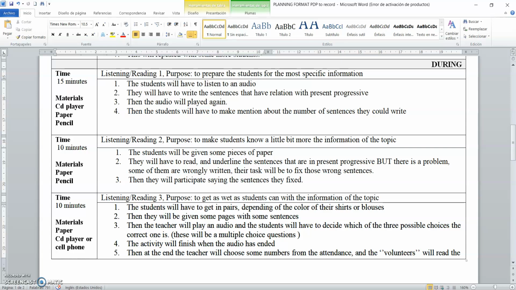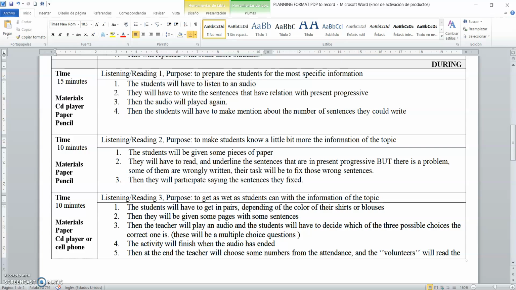But here there is a but. There is a problem. Some of them are wrongly written. Their task will be to fix those wrong sentences. Then they will participate saying the sentences they fixed. Okay, there are going to be some sentences, but there are going to be some mistakes.